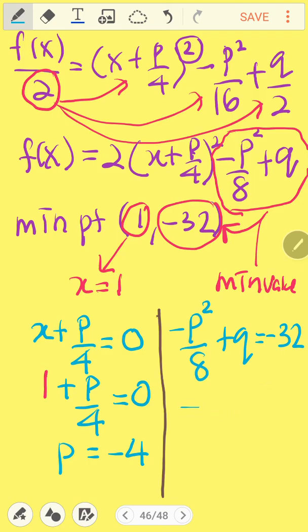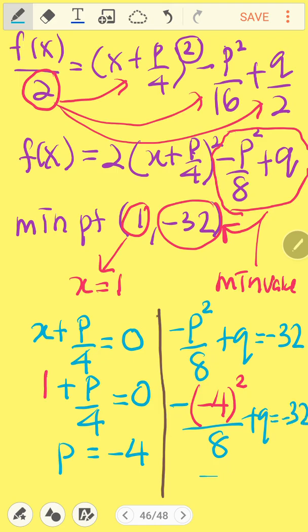If p is negative 4, please make an effort to write negative 4 in brackets, squared, over 8 plus q equals negative 32. This negative 4 power of 2 is 16. Negative 16 over 8 is negative 2, plus q is negative 32. q should be 30.